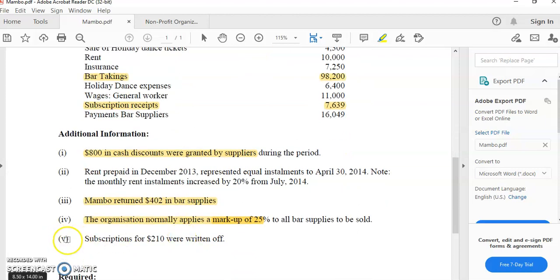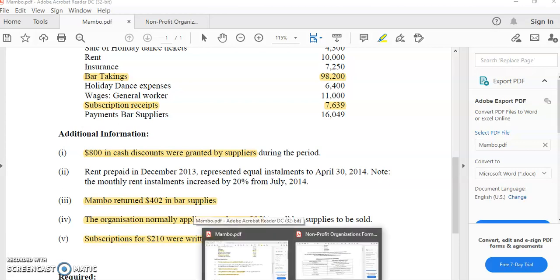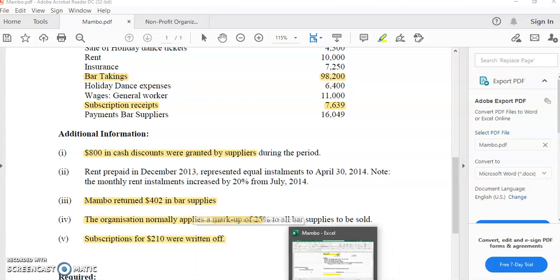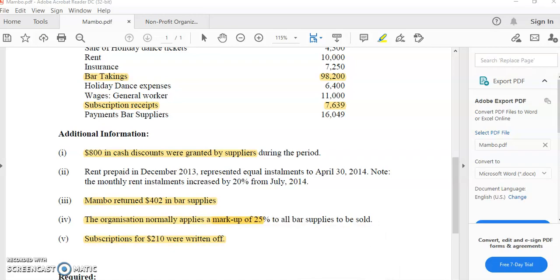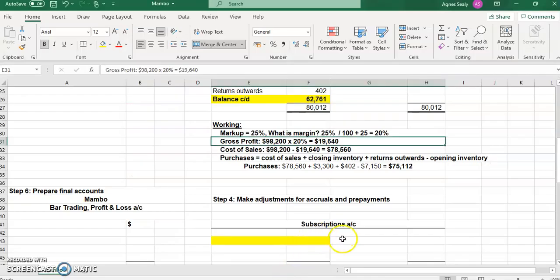And note number 5 states that subscriptions were written off during the year. So this is why we need to make an adjustment to our subscription account to find out exactly how much subscriptions we are to include inside our income and expenditure account for the year January 1st to December 31st, 2014.